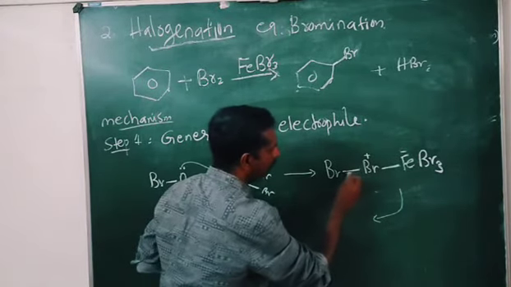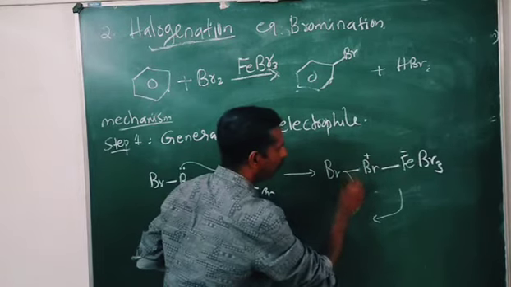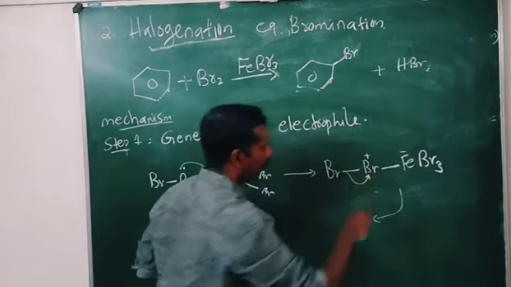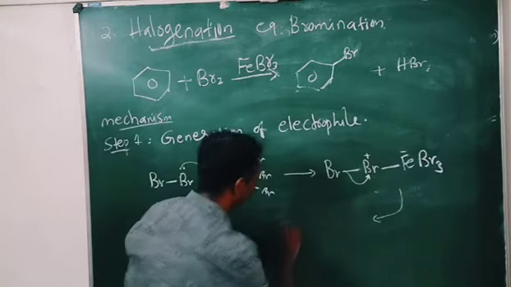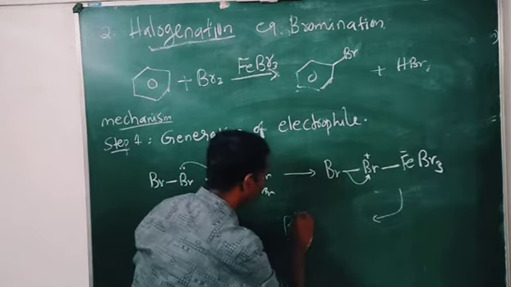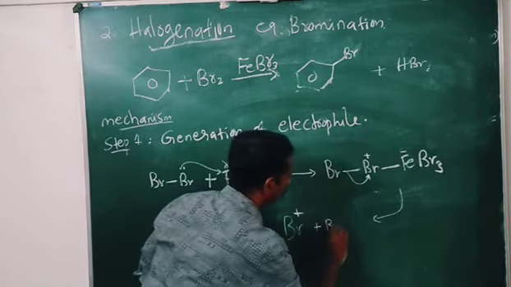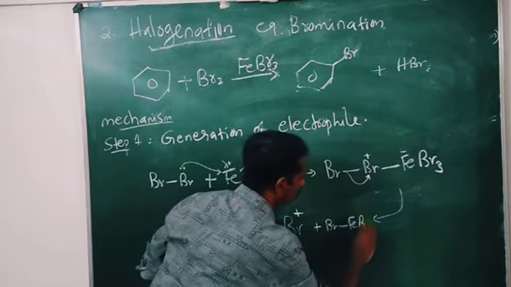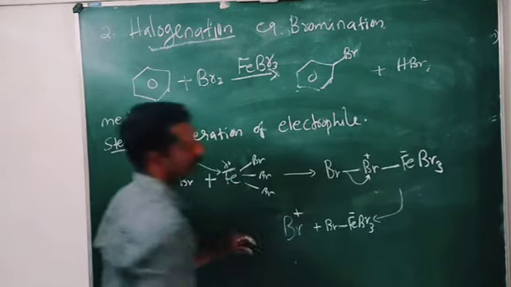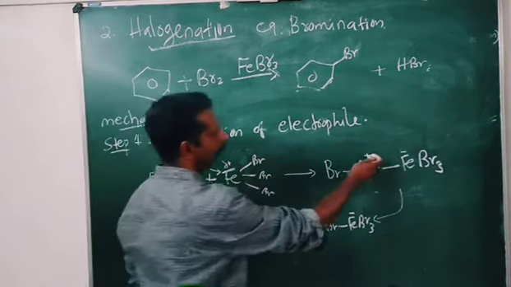Immediately this bond breaks, and this bond pair of electrons will migrate to bromine. So this Br is free, and since the bond is breaking completely from this Br, it is Br plus, and what will form? Br, FeBr3 minus. You have to keep this in mind. So this is Br plus.